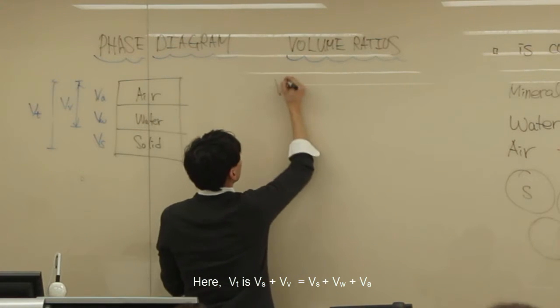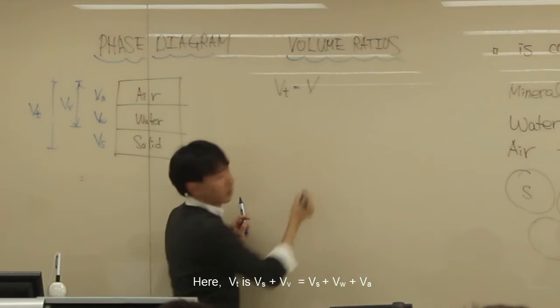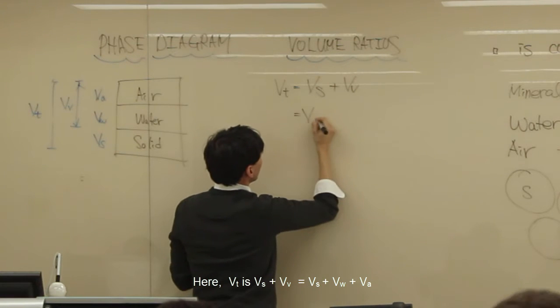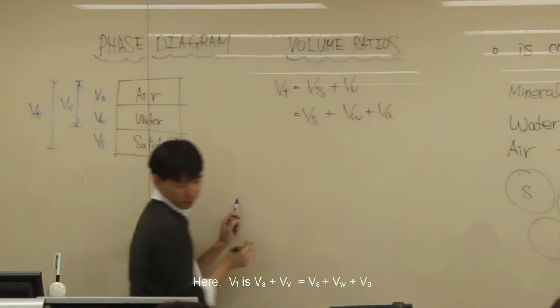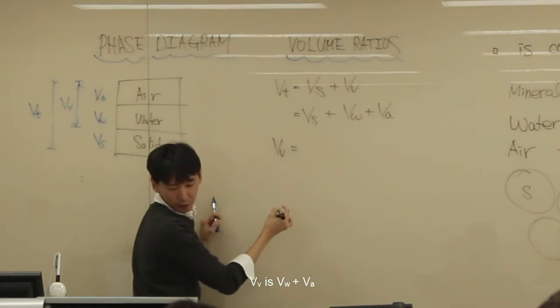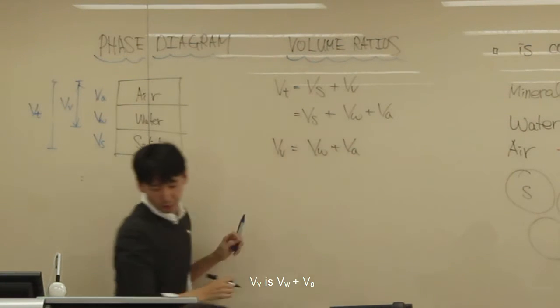Here, total volume is solid volume plus void volume, and that is solid volume plus water volume plus air volume. And void volume is simply the water volume plus air volume.